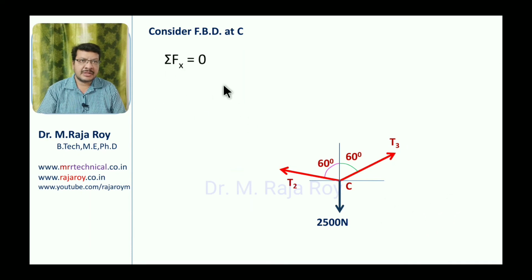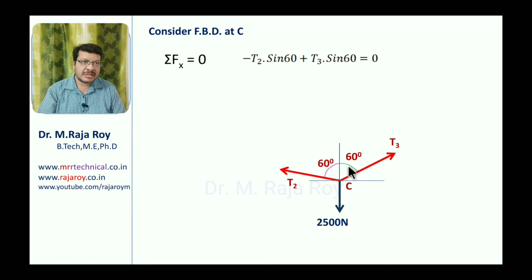Sigma fx we take, then this with respect to vertical angle is there, means x component is sine. So T2 sine 60, that is in the negative direction, minus T2 sine 60 plus T3 sine 60.